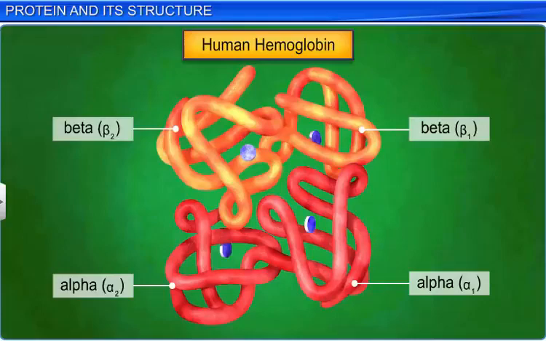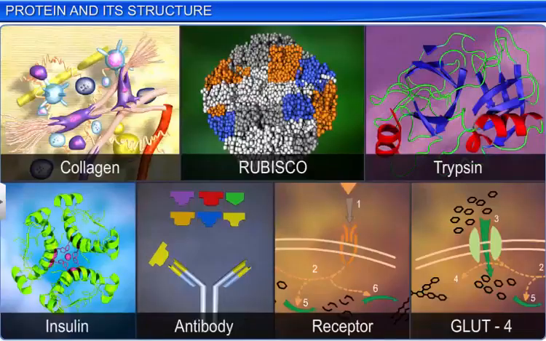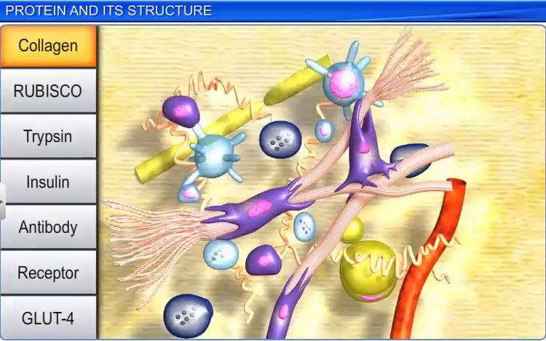Some of the most common proteins we come across are collagen, rubisco, trypsin, insulin, antibodies, receptors, and GLUT4. Let's learn more about each of these proteins. Collagen is the most commonly occurring protein in the animal world.